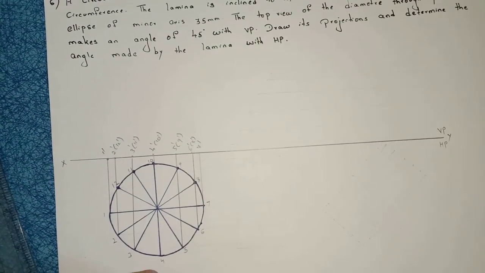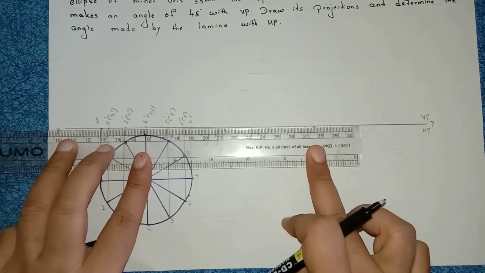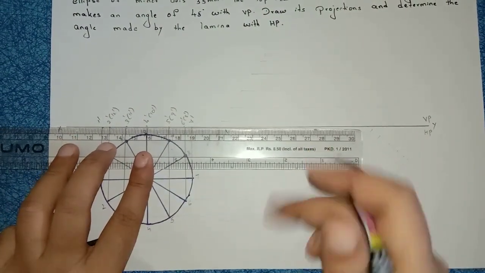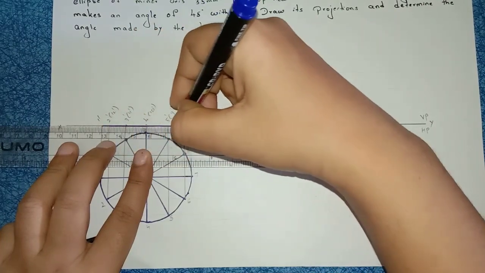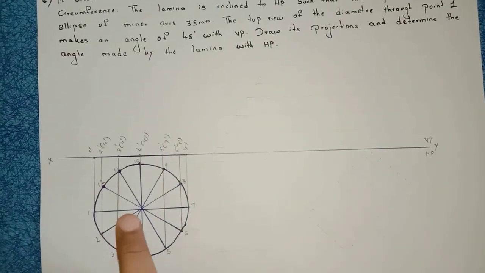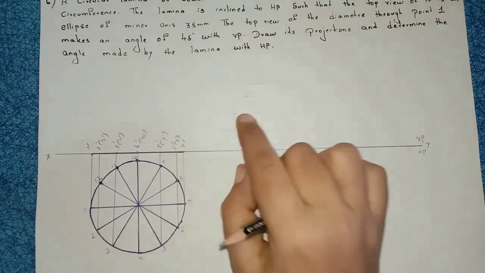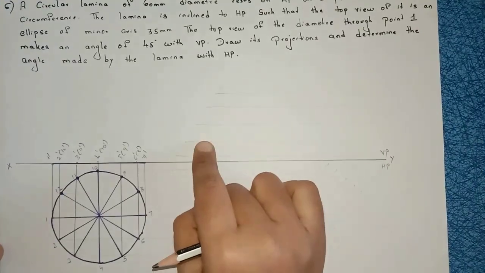Now from point 1 to point 7, you should draw a straight line. So this is 1, this is 2, this is completed. Now actually we should draw a third one here.